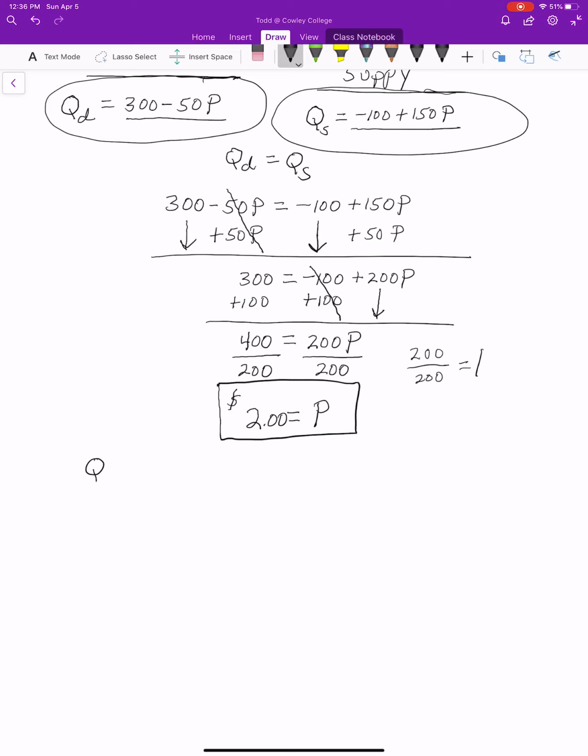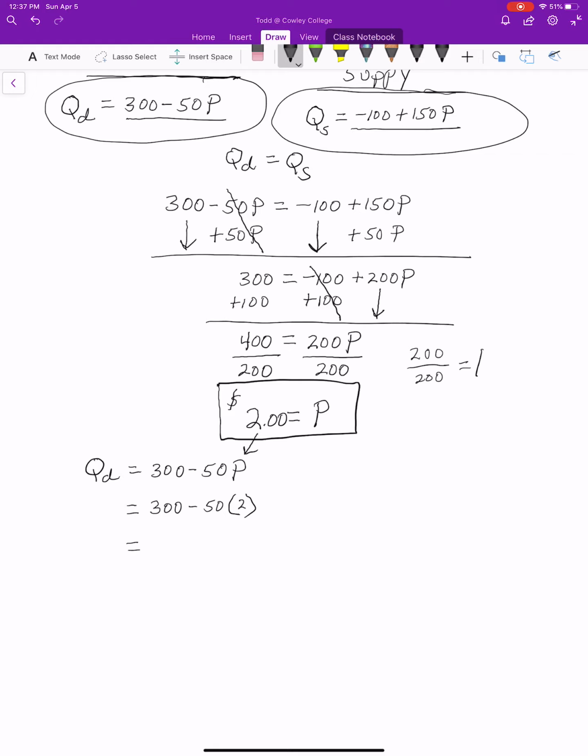So our equation for our demand curve is going to be 300 minus 50p. Well, now that I know what p is, I'm going to substitute in for p of $2. So you have 300 minus 50 times p, which is now $2.